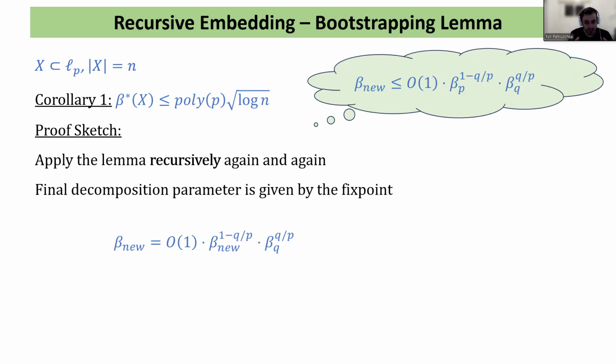The final decomposition that we'll get, this is not the actual proof, just the intuition of how to get it, is when we stop improving, the fixed point of this procedure.